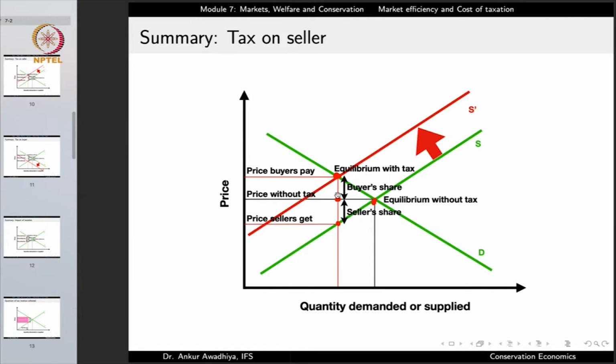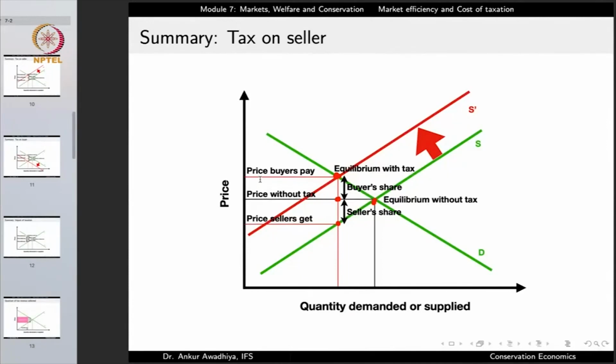Which means that even if we have imposed a tax only on the sellers, even then the tax gets distributed between the buyer and the seller. So that is a key point to remember. And the buyer's share is given by this amount and the seller's share is given by this amount.